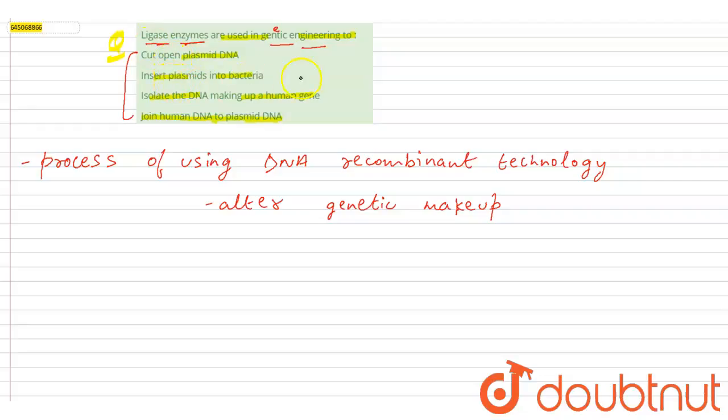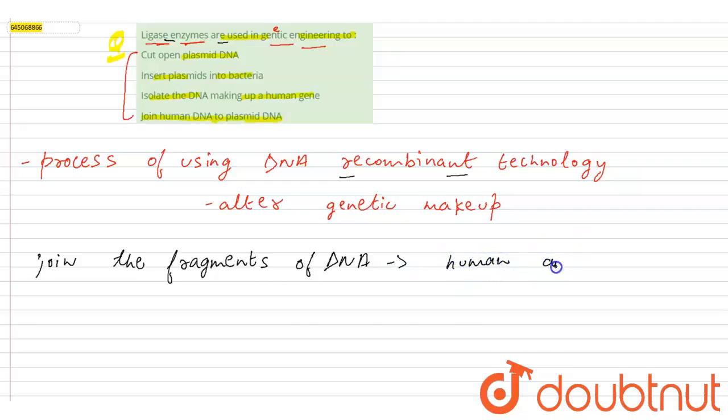So let's talk about our options. Why are ligase enzymes used? These ligase enzymes are the enzymes that are used in this recombinant DNA technology to join the fragments of the DNA of human and plasmid DNA.